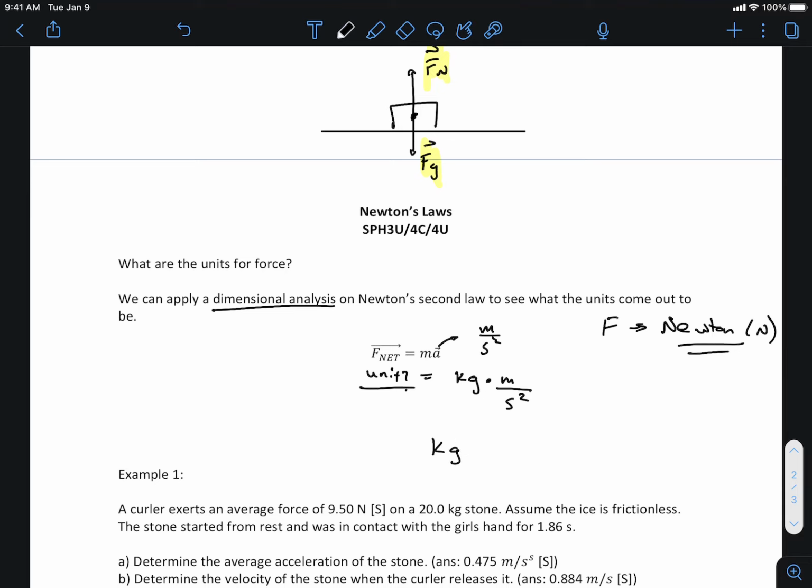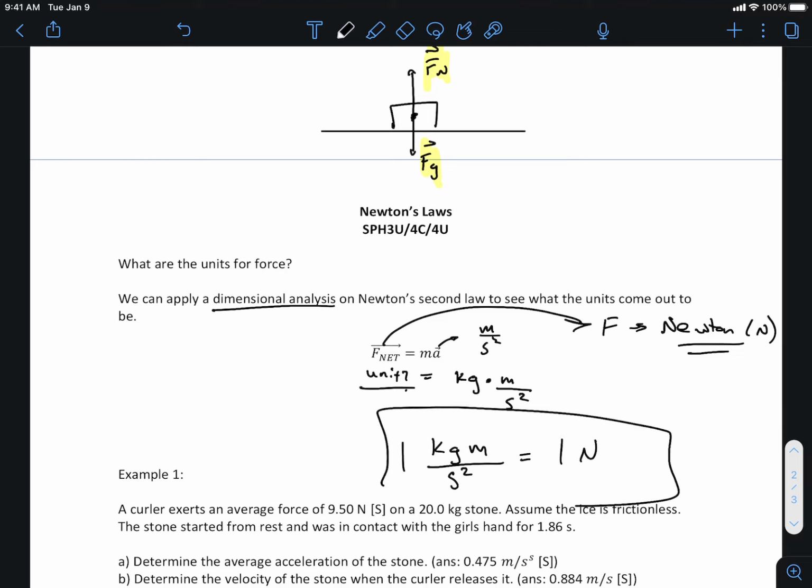I get something weird that looks like this. Well, we know that force is measured in newtons. That just means that 1 kilogram meter per second squared is equal to 1 newton. 1 newton is the acceleration of a mass.